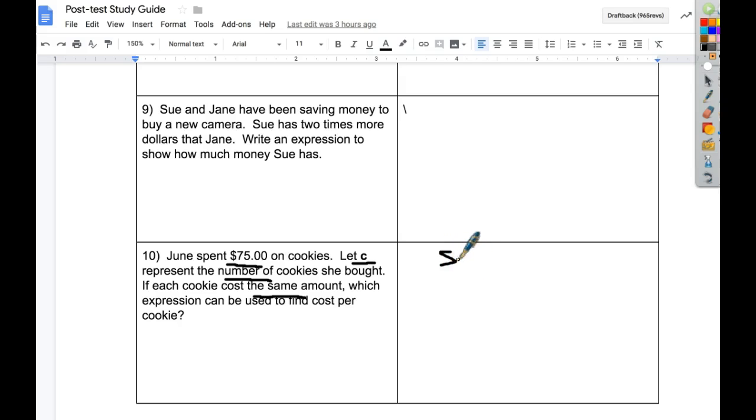Okay, so we know she spent a total of $75. We know she bought some cookies. If each cookie cost the same amount, so I want to know what was the cost per cookie.